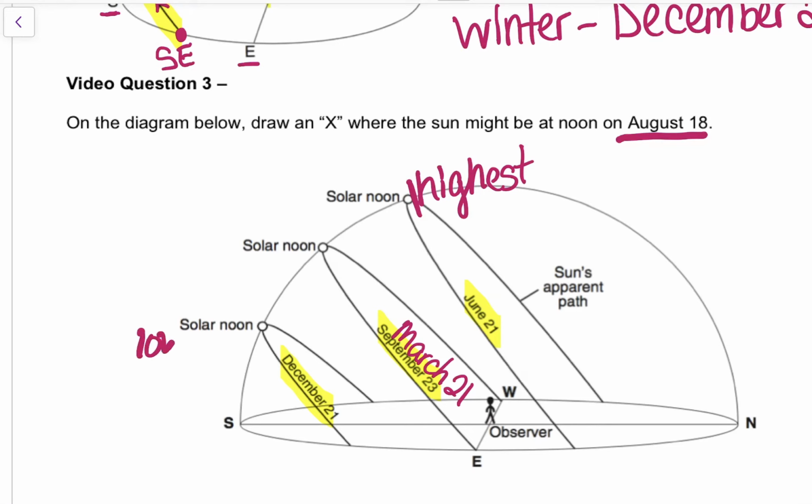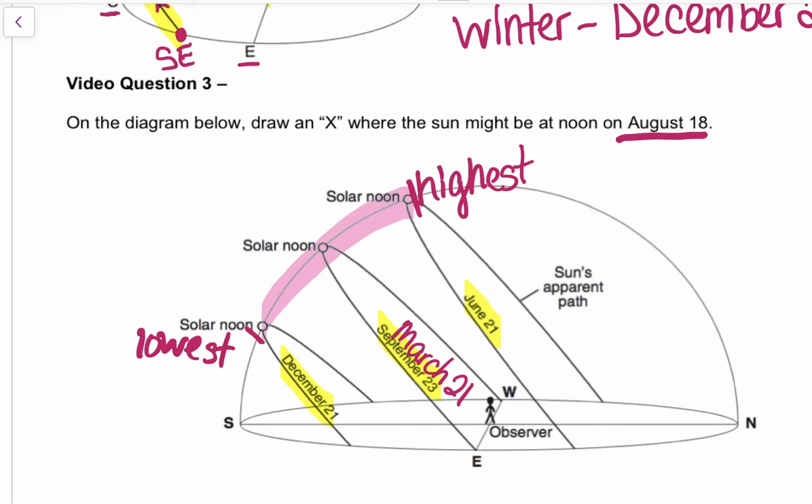The sun reaches its lowest spot in the sky in December, so it can't get any lower than this. That means that the sun all year round only moves somewhere between this area.